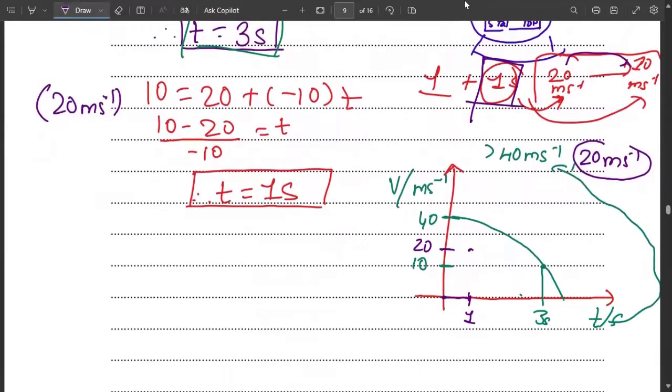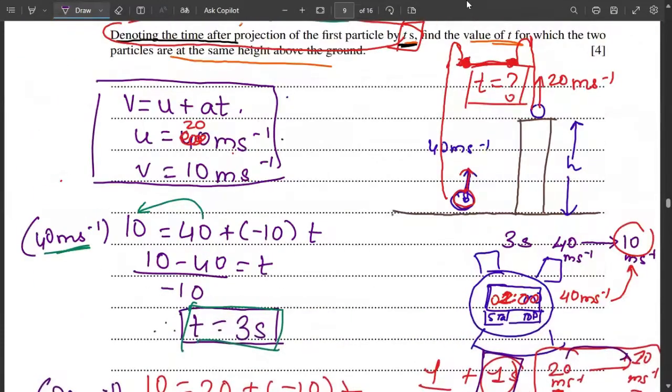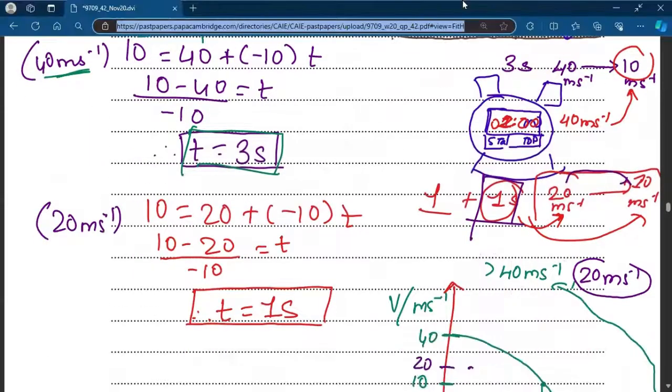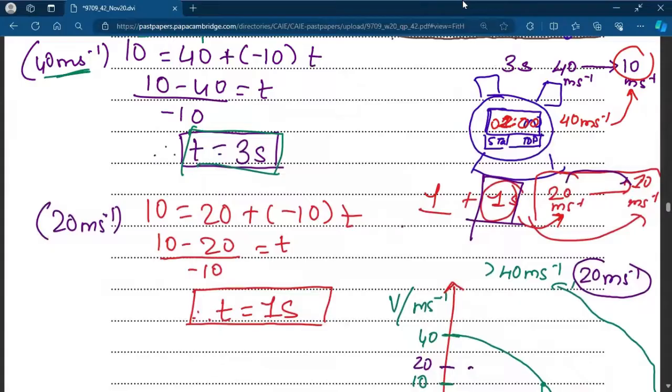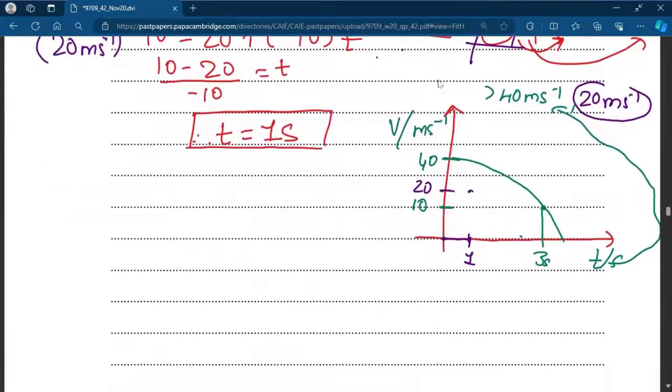But actually, if we measure the time from the first particle, it will take 2 seconds. So when the time is 2 seconds, the particle will reach 10 meter per second here.